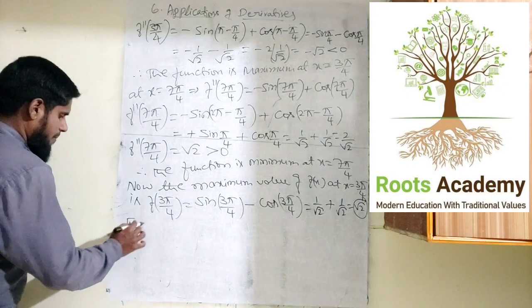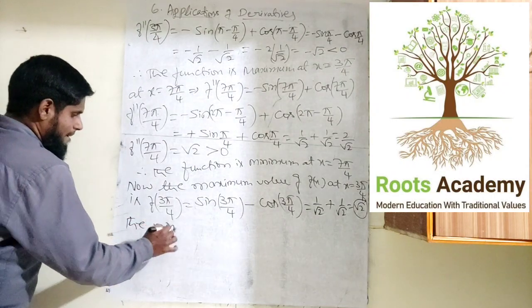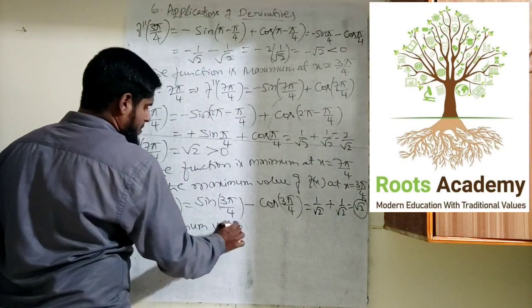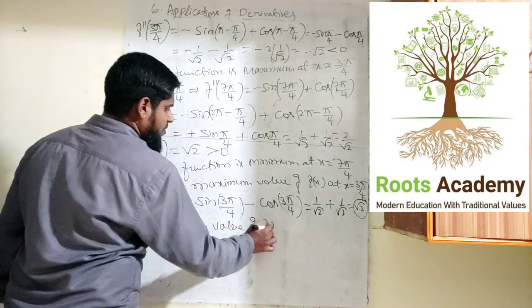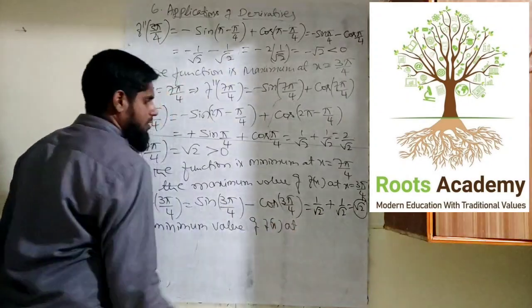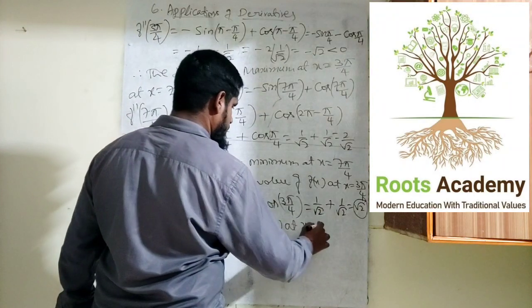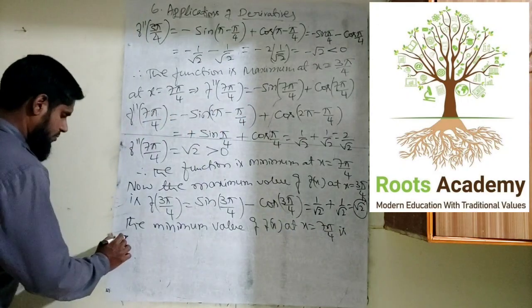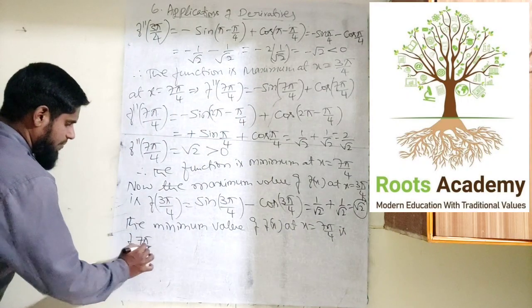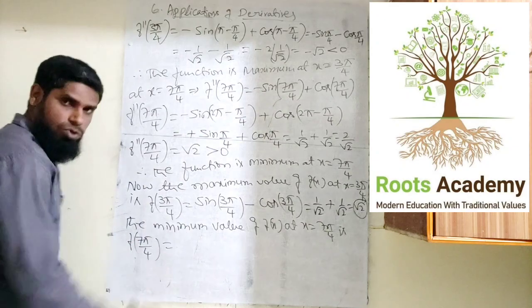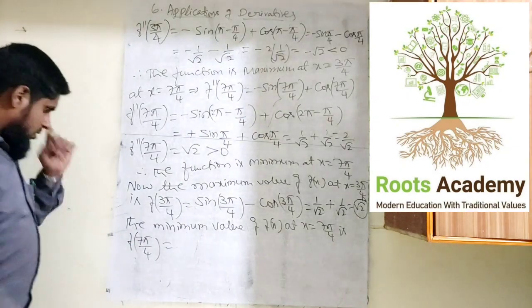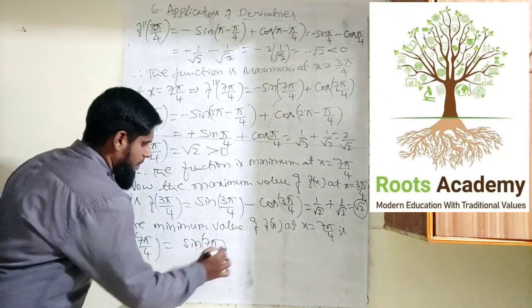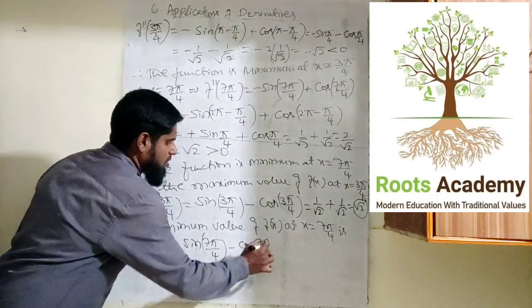The minimum value of f of x at x is equals to 7 pi by 4 is f of 7 pi by 4 is equals to sin 7 pi by 4 minus cos 7 pi by 4.